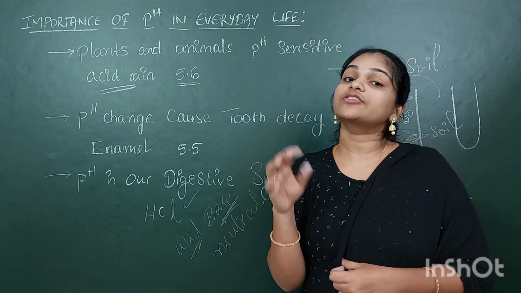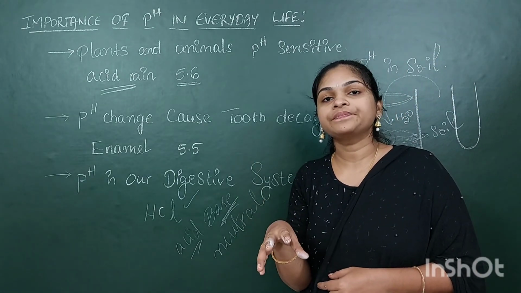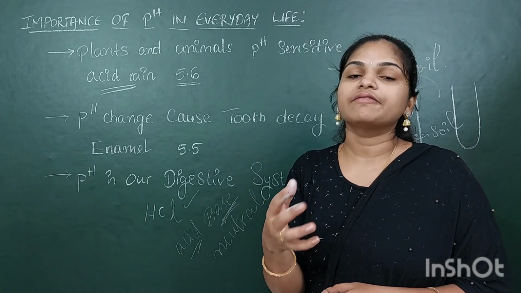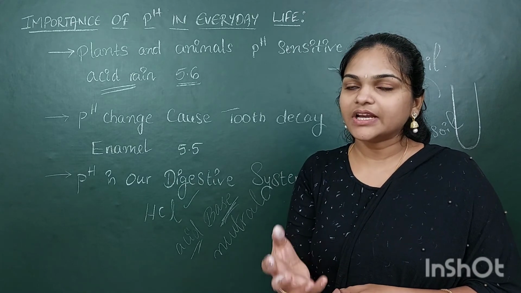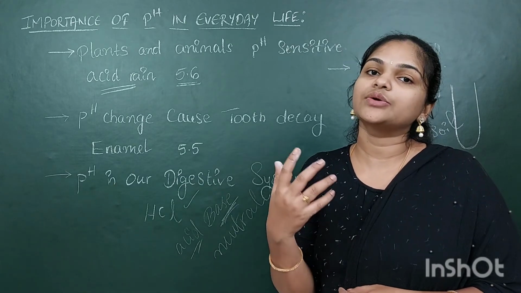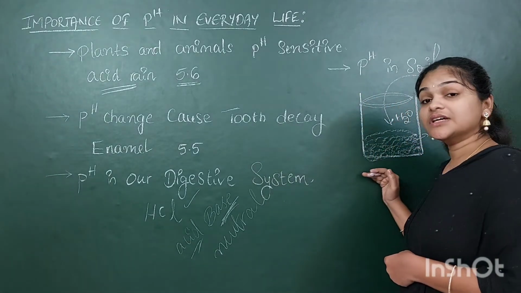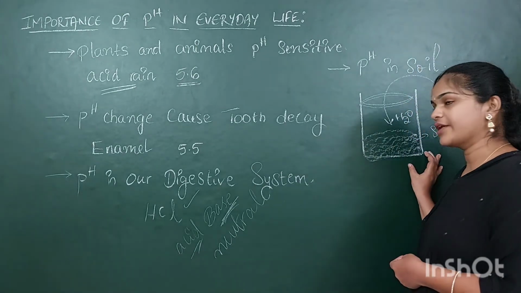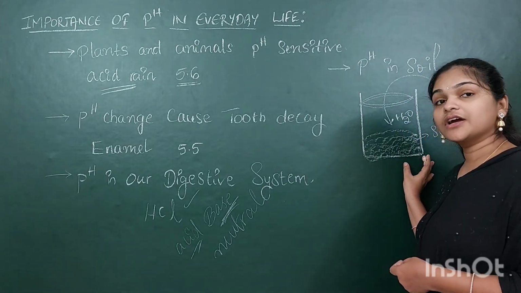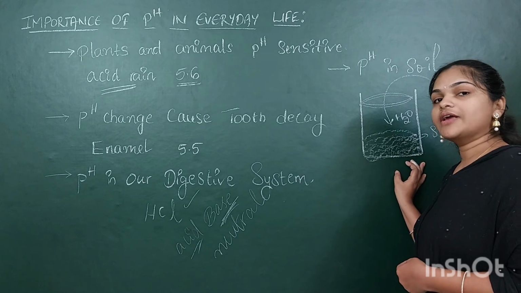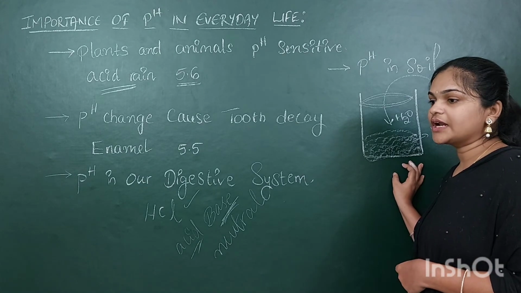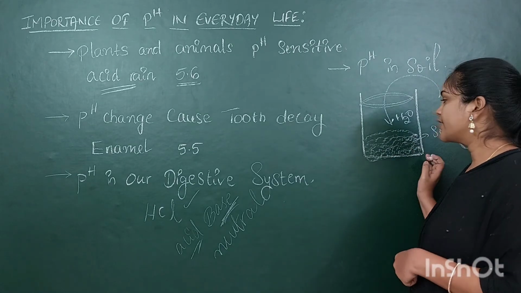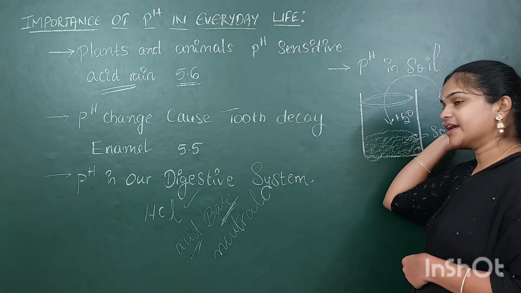When you know the strength of the soil, based on it you can choose the best fertilizers. What fertilizers you have to use, you can know by knowing the strength of the soil. To know it, firstly take a beaker, take some soil, mix some water into it, stir it well, and filter it into another test tube.